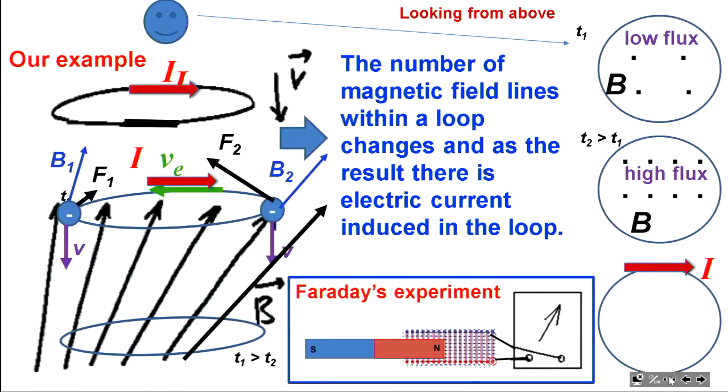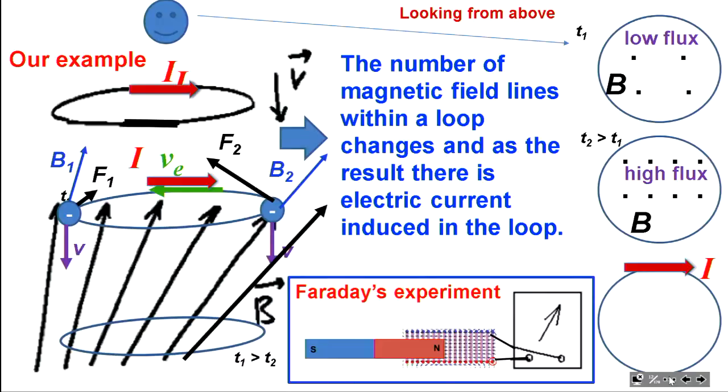And here, when the loop is far away from the magnet, in the region with low flux, then more flux, our analysis of how electrons would move tells us that electric current in this situation would travel, we say, clockwise relative to that person. So that's a fact. We will be using this several times.